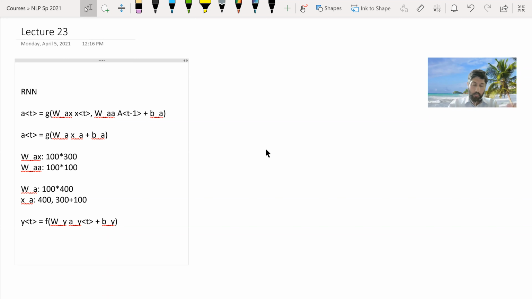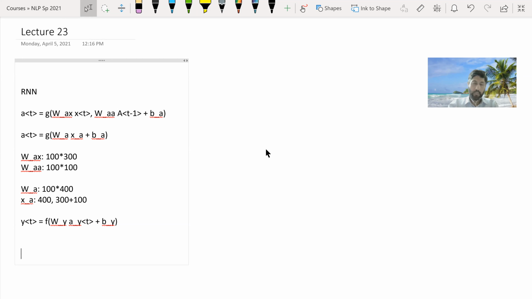Okay, so we mentioned last time that one of the issues with this standard recurrent neural network is, of course, that theoretically you can retain information from the start of the sequence to a later part of the sequence, but that information would be diluted over time, over the sequence, because a lot of information would come in between it.